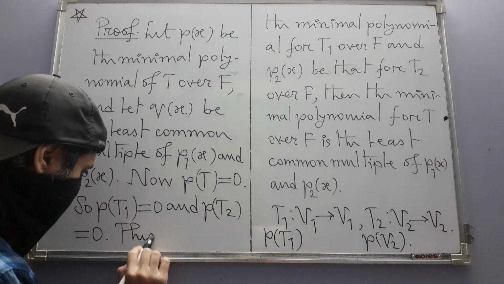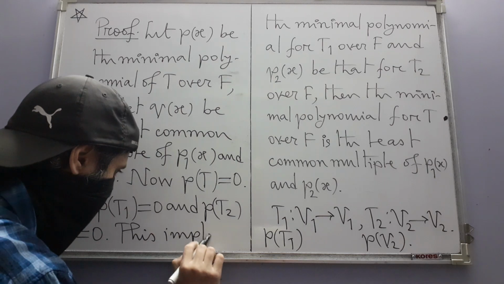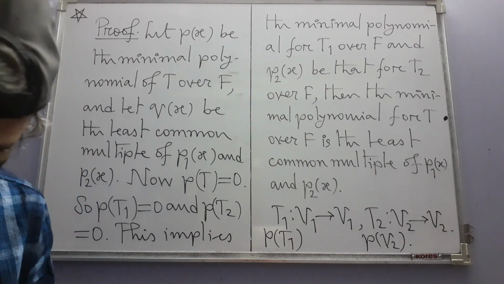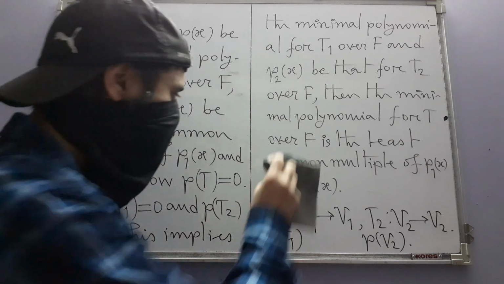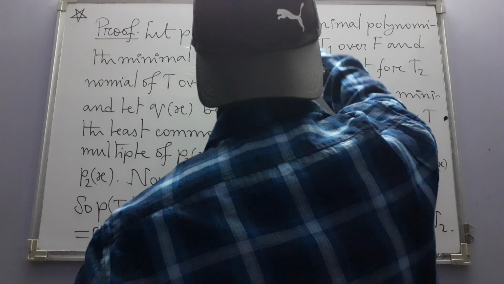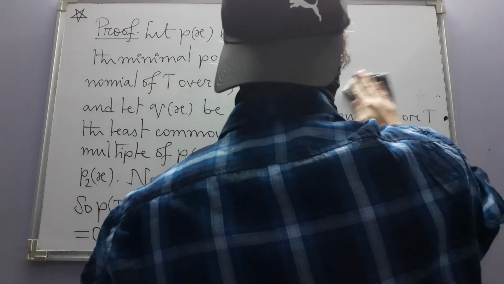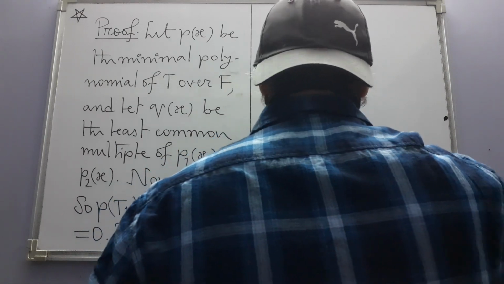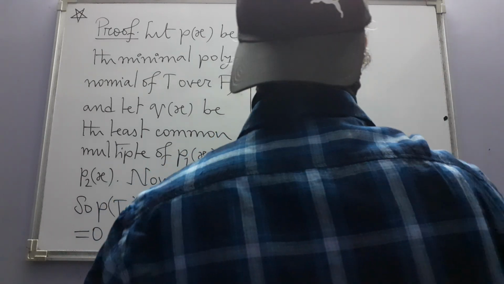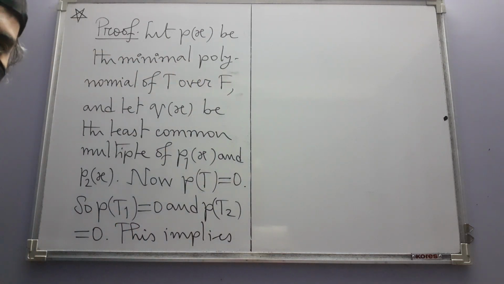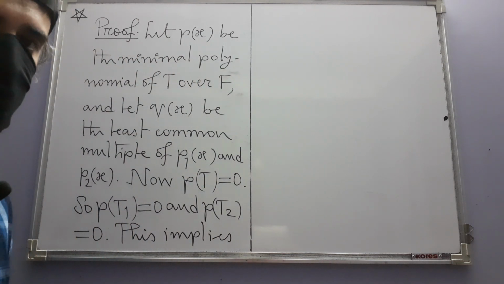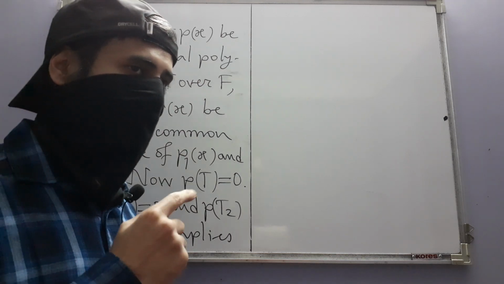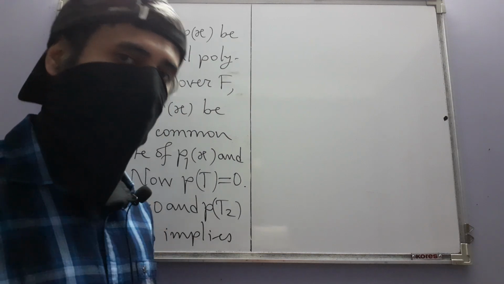This implies, and again that fact comes from properties of Euclidean rings, any annihilating polynomial is always divisible by the minimal polynomial. This also happens due to the Euclidean algorithm, otherwise known as the division algorithm, and the fact that a minimal polynomial is an annihilating polynomial of smallest degree.